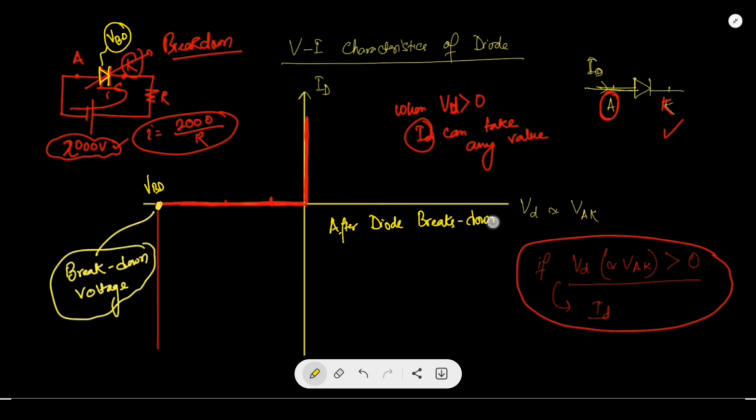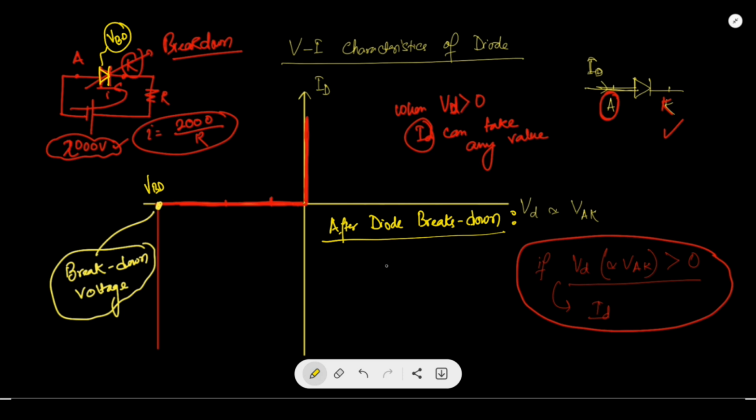After the diode breaks down, just one more thing, that whenever we use the term breakdown, it does not mean that a diode gets destroyed or something like that. Breaks down means the same diode loses its property.